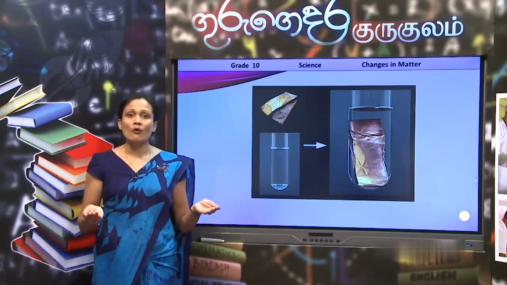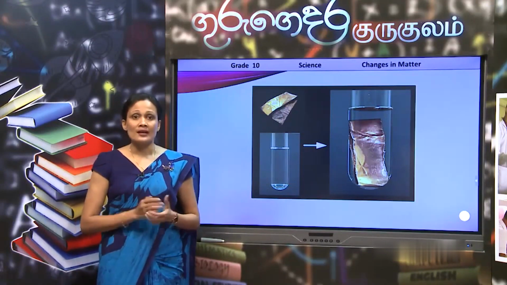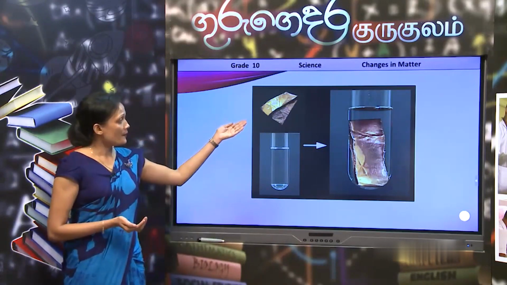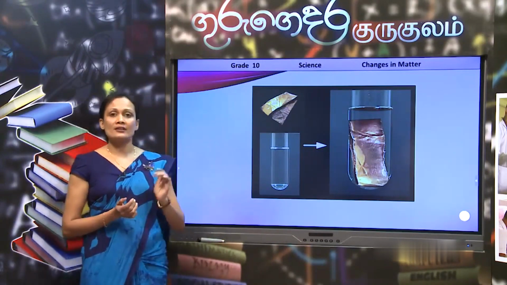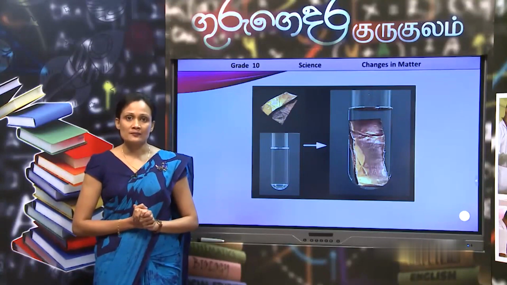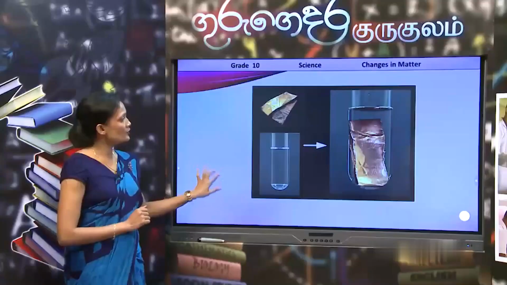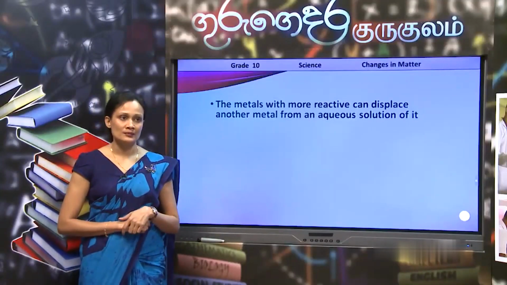But there is no observable change. That means copper does not react with zinc sulfate. In the same manner, some metals do not react with the salt of other metals. The reason is their reactivity. So, I am going to explain that.